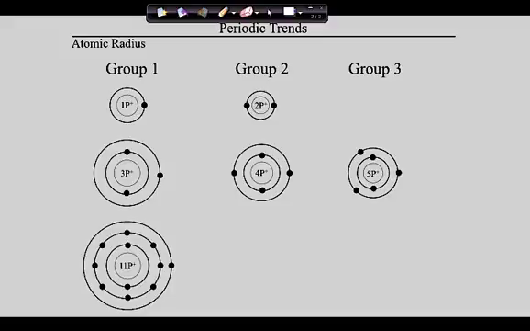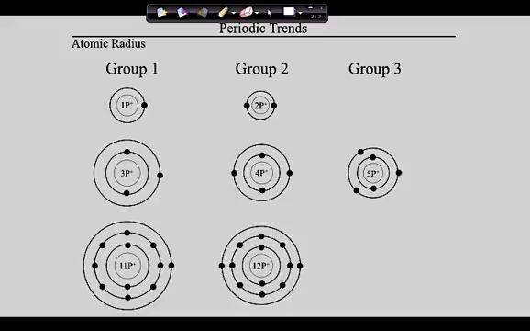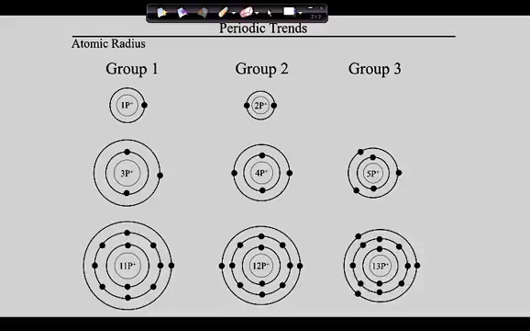Is that okay? Then if we go down to element number 11, that's sodium. If we go over to element 12, magnesium, now we've got 12 protons, pulls it even tighter together. We go to aluminum, even tighter together. And as we move across a period, more protons, more pull, smaller atoms.